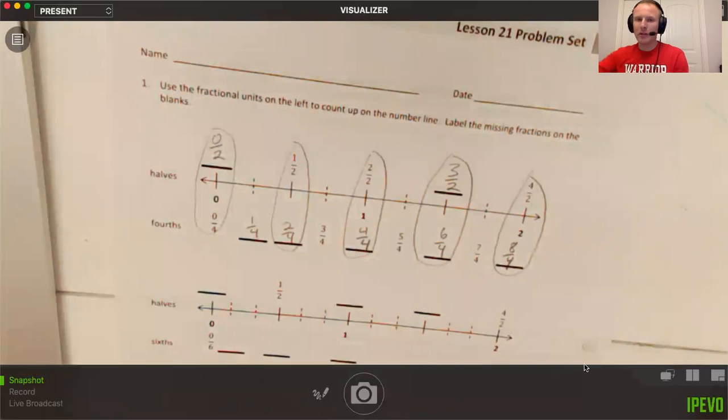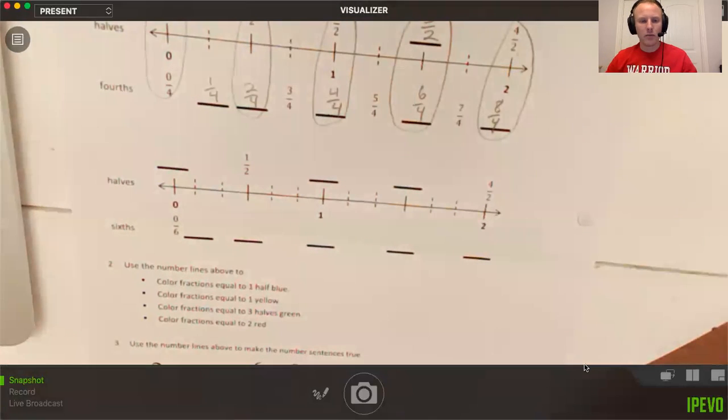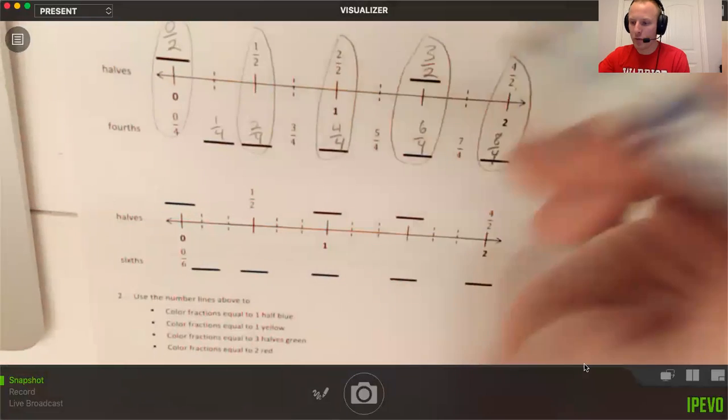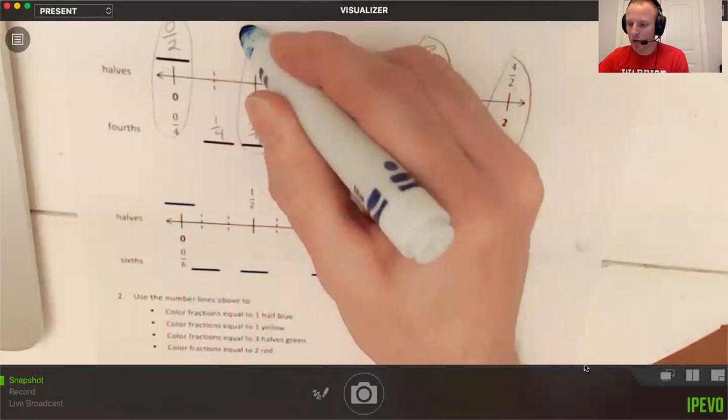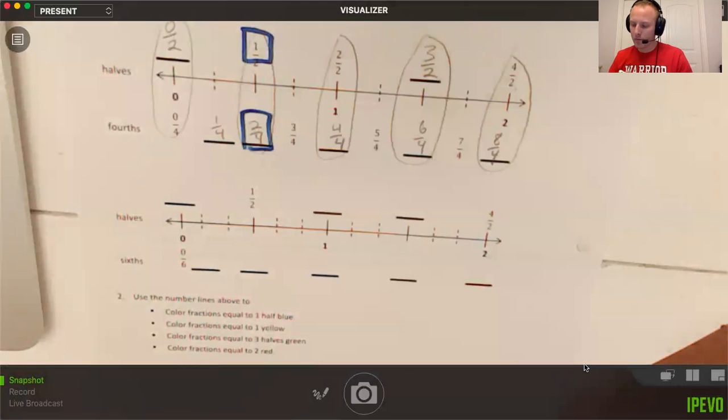So I'm going to skip to the bottom here for a second, and it says to color fractions equal to 1/2 blue. So I'm going to box them in blue. Those are both 1/2. Fractions equal to 1 in yellow.